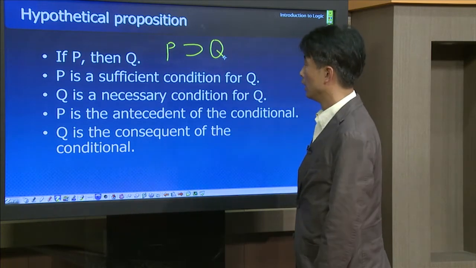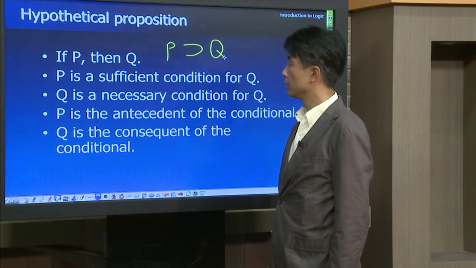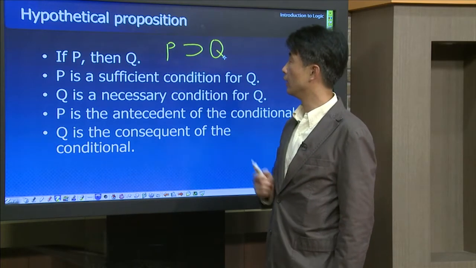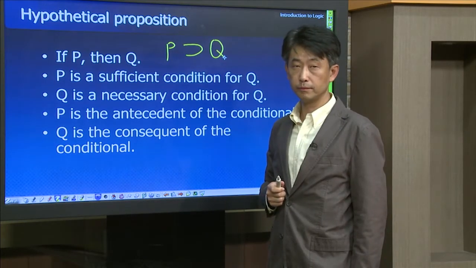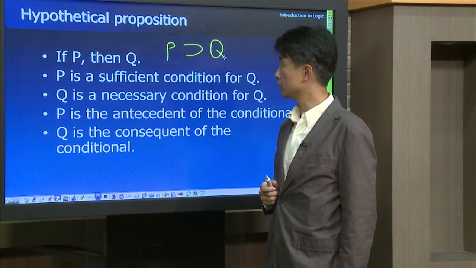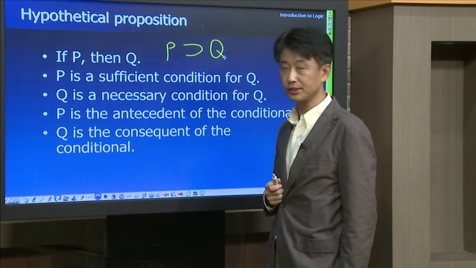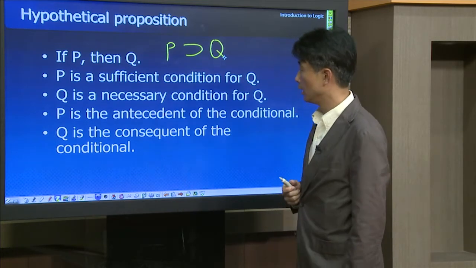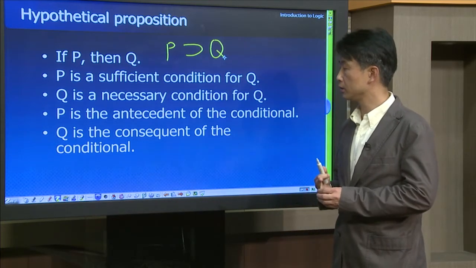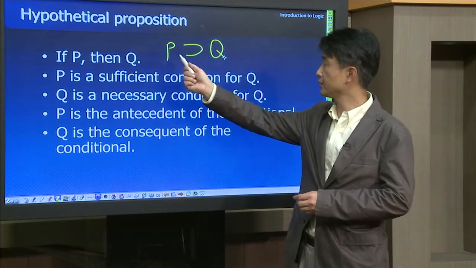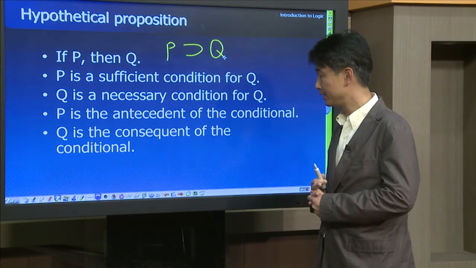The left-hand side of the horseshoe is called a sufficient condition, and the right-hand side is called a necessary condition. Or in other terminology, the P, the left-hand side, is also called the antecedent.